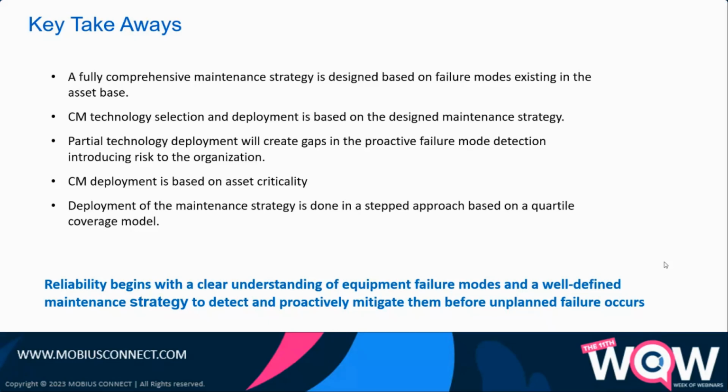And condition monitoring program deployment is based on asset criticality. That's the quartile coverage model that I mentioned. And then the deployment of a maintenance strategy is done in a stepped approach, based on the quartile coverage model, right?